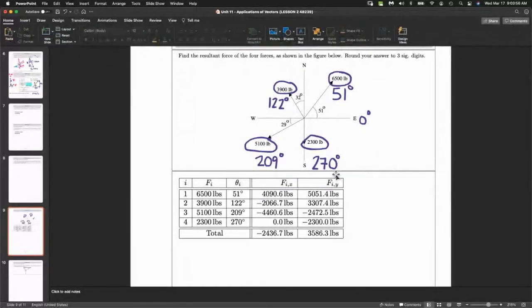So in this case, we have the four forces, which are 6,500 pounds, 51 degrees, that's the first one, and then 3,900 pounds at 122 degrees, there it is, and then 5,100 pounds at 209, and 2,300 pounds at 270. So there you go, all the way down the list there. We have the four forces with their respective angles in standard position.